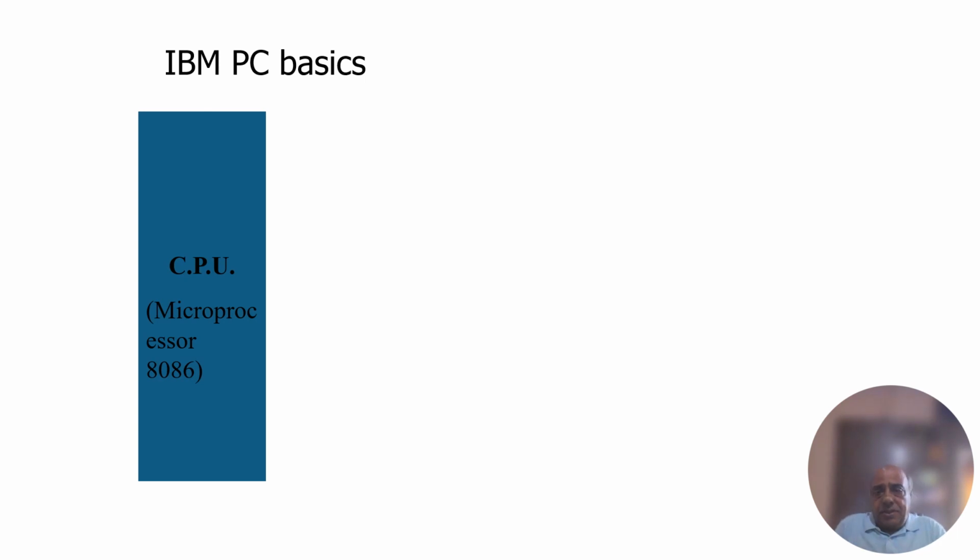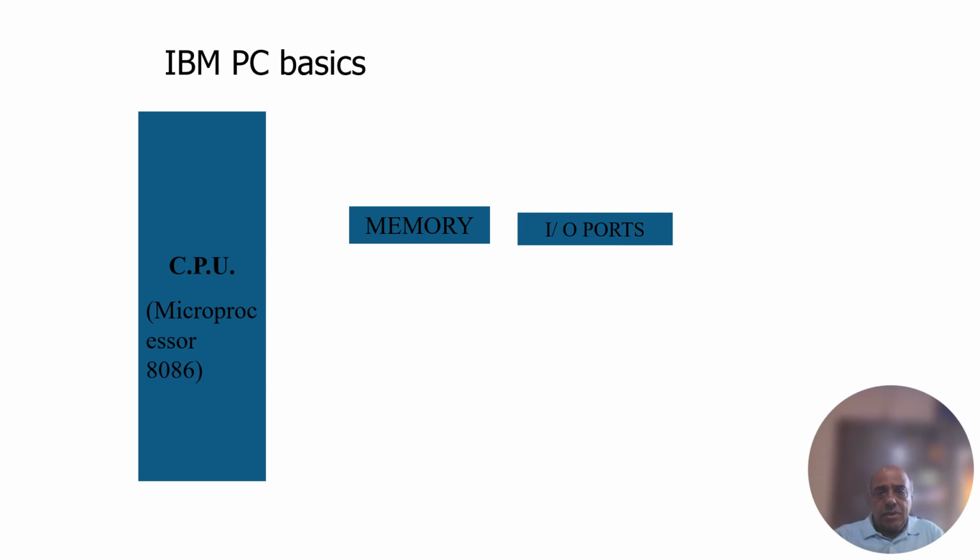IBM PC Basics. It's an architecture which was developed in the 70s, and it was developed around a microprocessor called 8086. It contains a CPU 8086, semiconductor memory, and input-output ports.